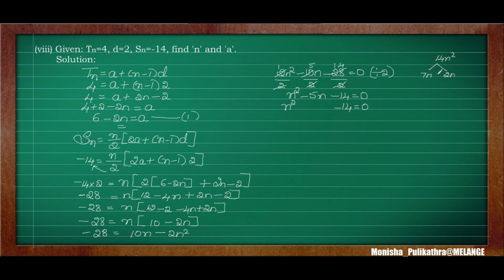Okay. 7n into 2n is 7 twos are 14. n into n is n square. Okay. And the sign which we need to take, here we should get minus 5n. So in order to get minus 5n, we need to put minus 7n plus 2n. So minus into plus is minus, 7n minus 2n is 5n, where the larger number has the minus sign here. Okay. We need to write minus 7n plus 2n. Hope you understood how to split these numbers.